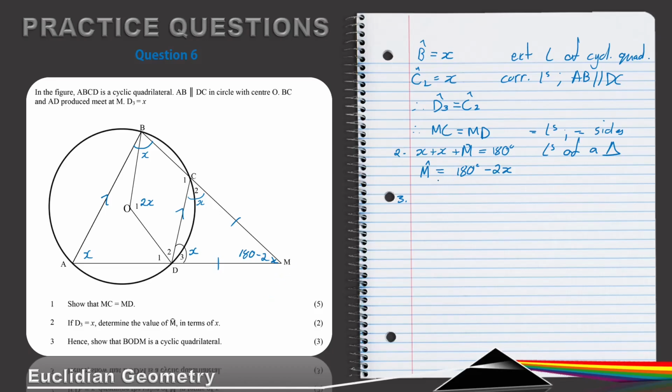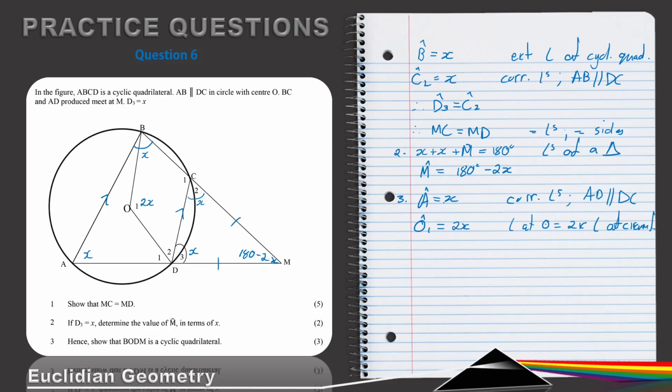Okay, now let's start. We saw that A is equal to x, so that's corresponding angles, and AB is parallel to DC. Then we can say that O1 is equal to 2x because the angle at the center is twice the angle at the circumference, right?